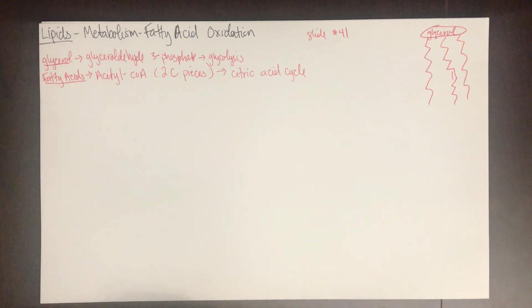The next few slides on pages 42 and 43 are kind of a review of what we talked about with the integration of metabolism, showing what type of fuel different organs prefer. We'll come back to this again, but remember that our heart and our brain prefer glucose.